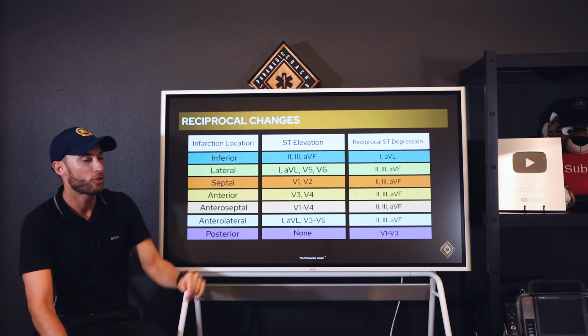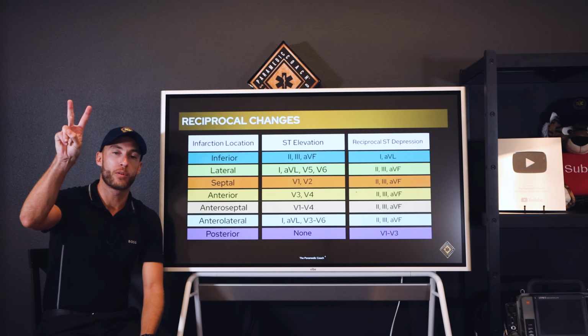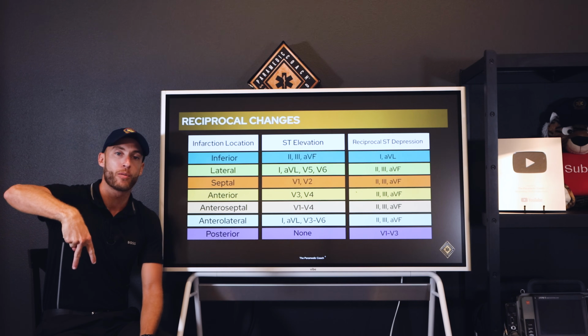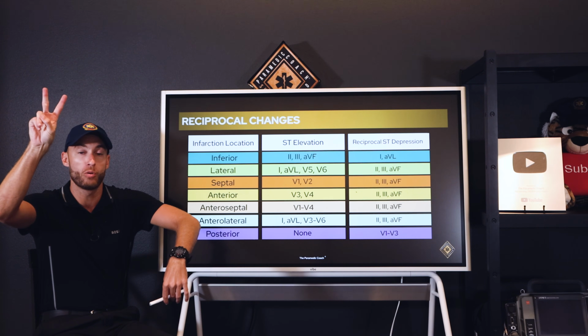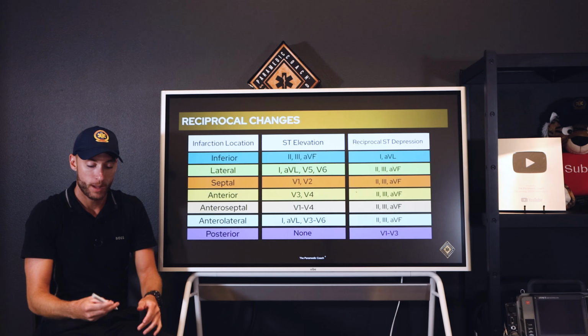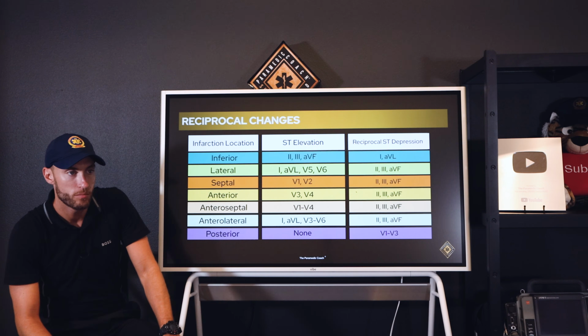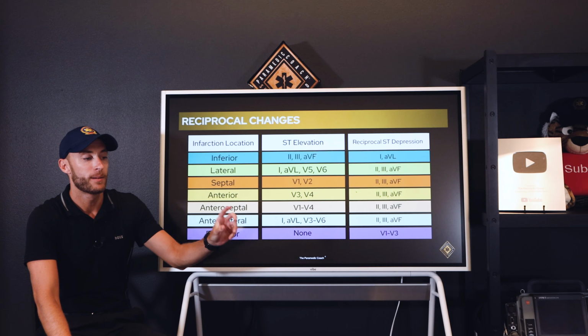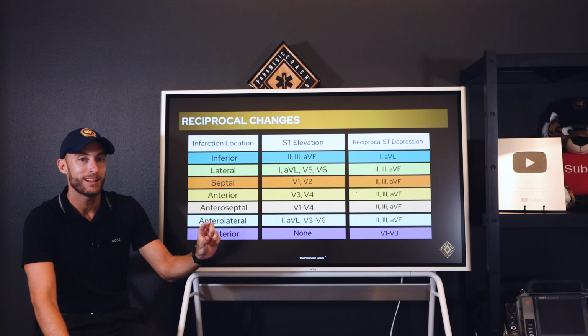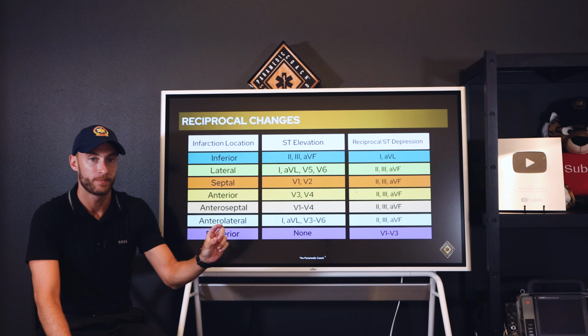The reciprocal depression: 2 up is where the elevations are, and the 2 down is the reciprocal depression we've got to see to call it a clear-cut STEMI, 2 up and 2 down, okay? Now, you may see, which is totally fair, earlier on in a heart attack, you may not see the reciprocal depression.